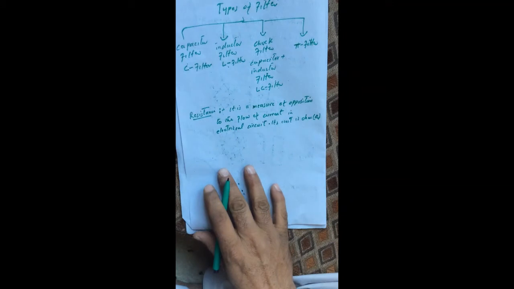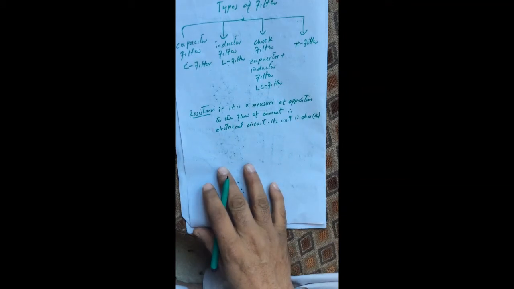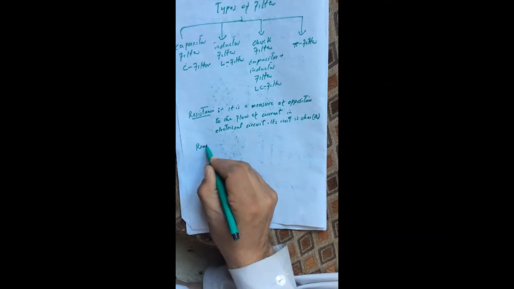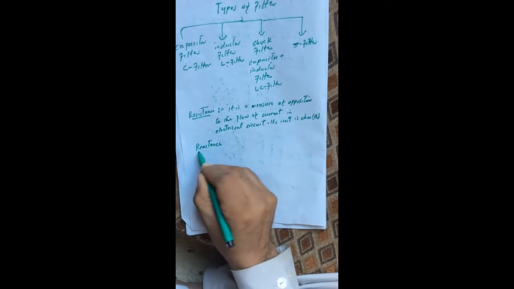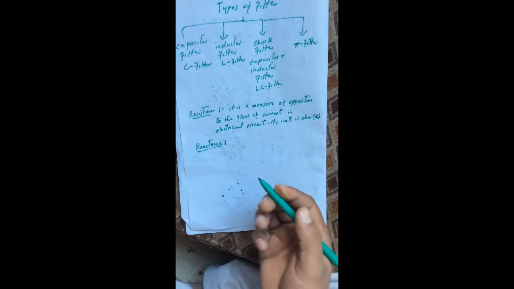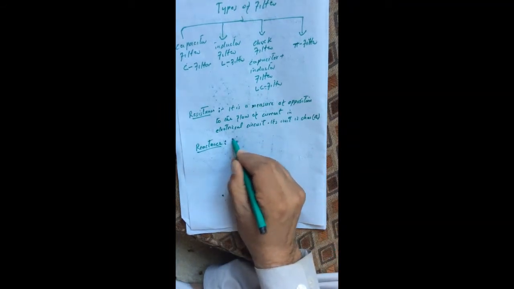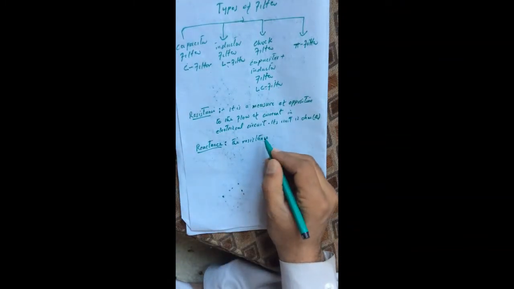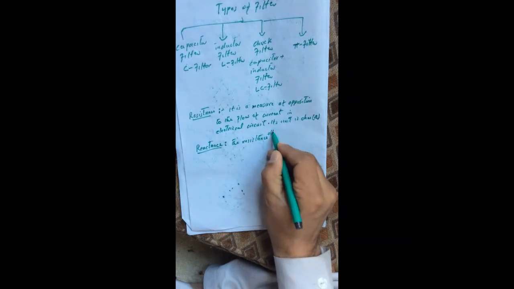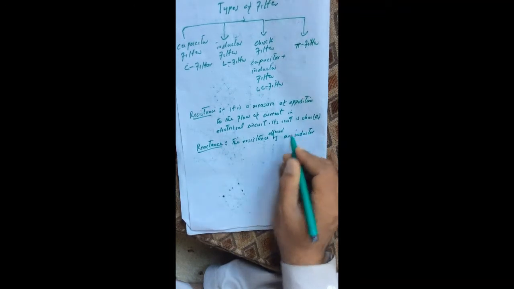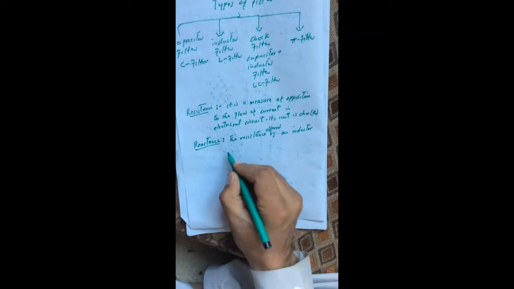Next we have reactance. Reactance is basically the resistance offered by an inductor or capacitor to the flow of current.